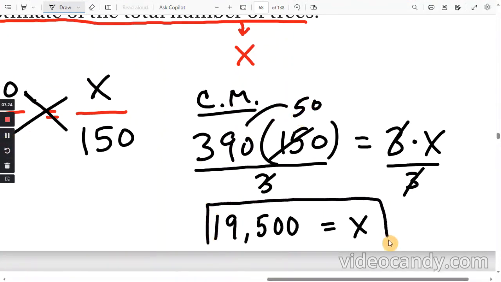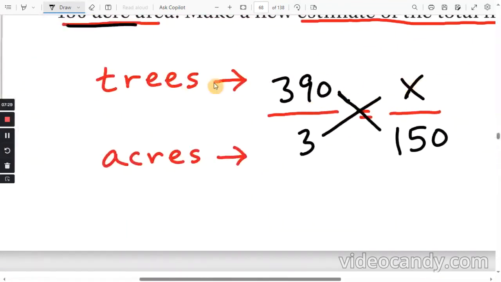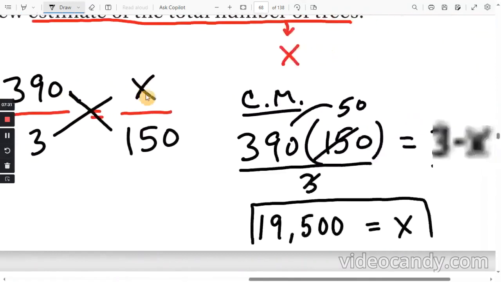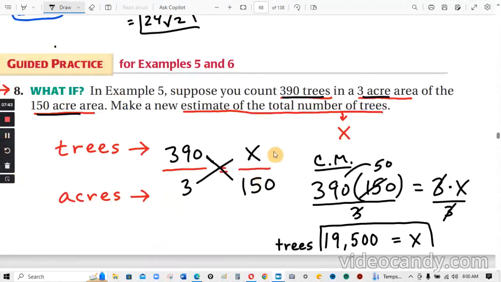And what are the units on that? Well, we said the numerator was the number of trees, so that's 19,500 trees. Like I said, since it's x divided by 150, you can do times 150 on both sides. You'll end up with the same thing.